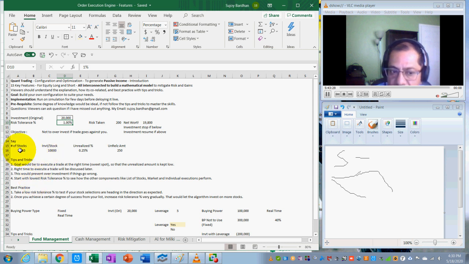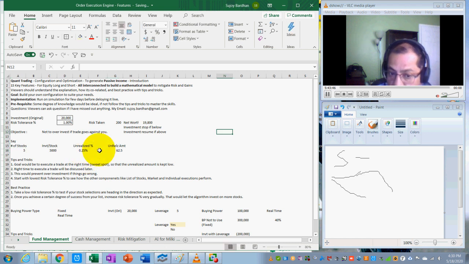Now, say for example, out of this $20,000, you are investing in 4 stocks of $5,000 each. And your unrealized profit is at say 0.25%, which means you are in the $50 range, which is way below the risk which you have taken. So it might go and invest again in the 5th stock from that list.